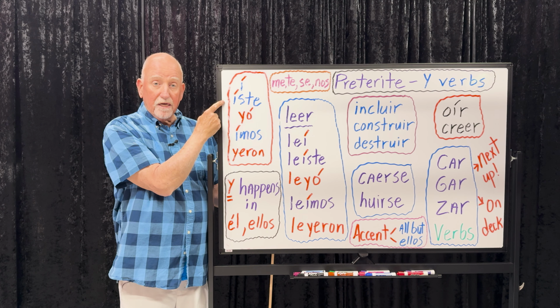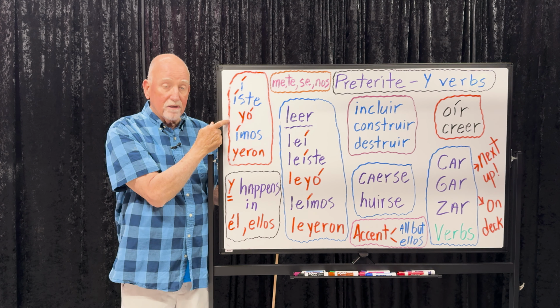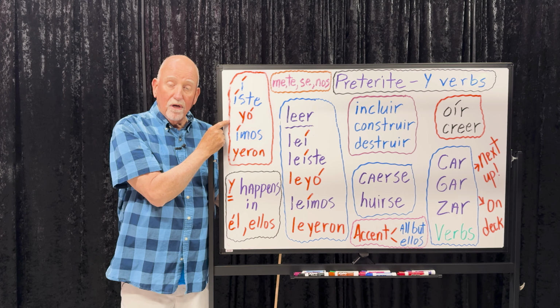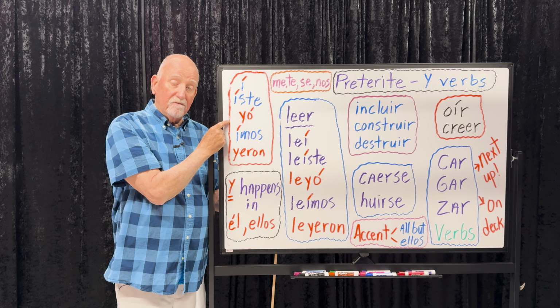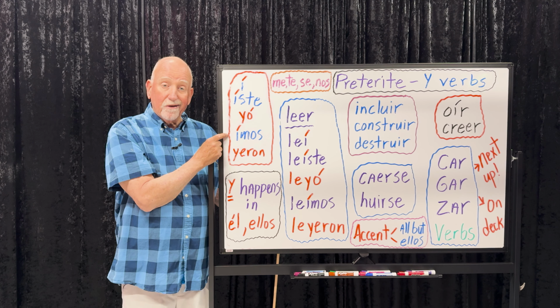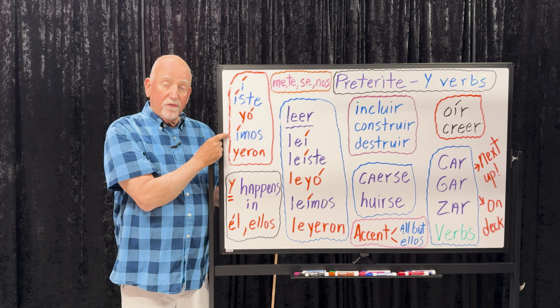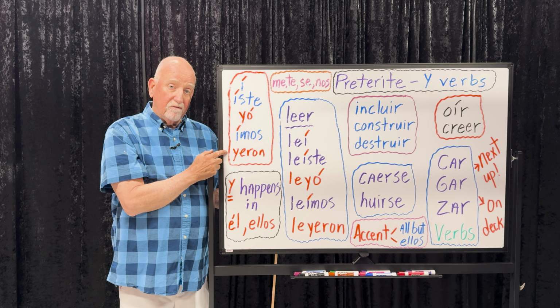You thought, you believed, creíste. Put your CRE right here, creyó. He thought, she thought, he believed, she believed, usted, you believed, thought. We believed, creímos. We thought, creímos. And they thought, creyeron, or they believed, creyeron.